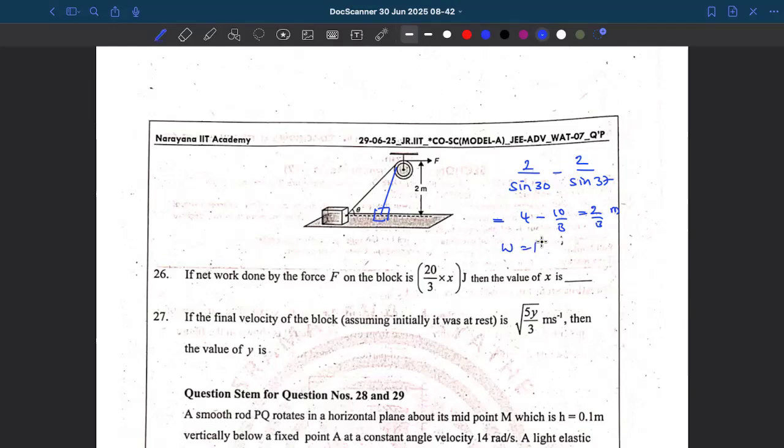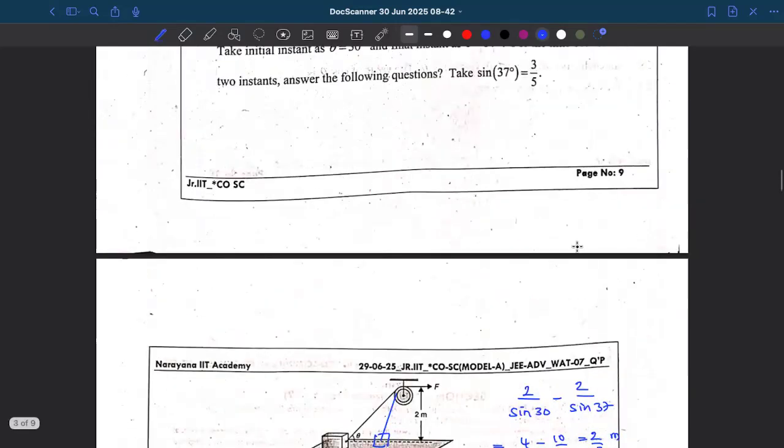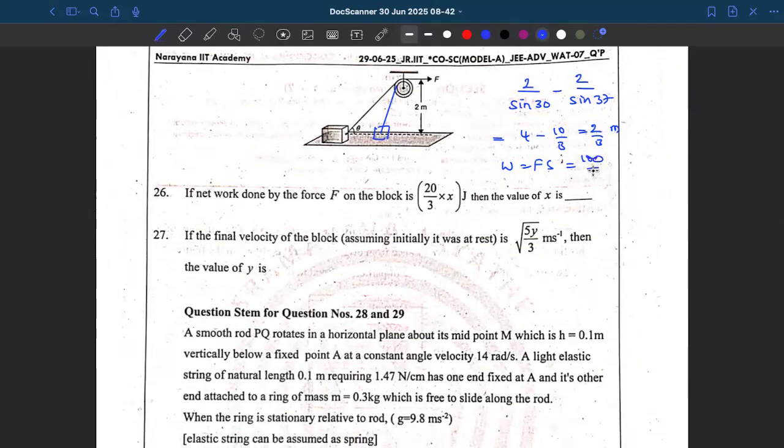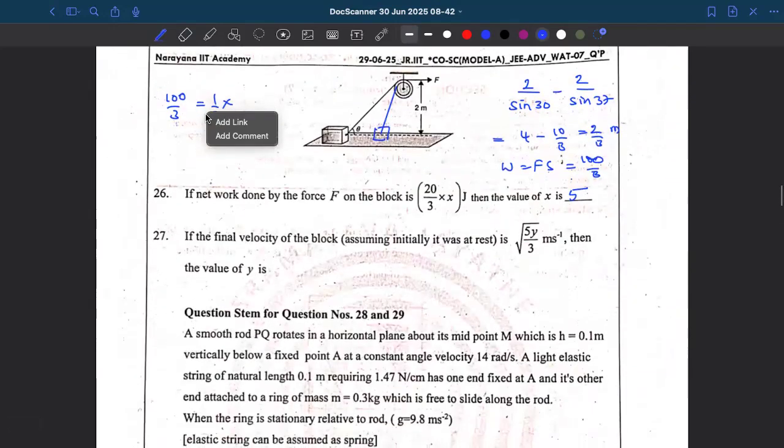So work is force into displacement. What is the force? 50 newtons, 100 by 3. Final velocity: work done is equal to change in kinetic energy. 100 by 3 is half into, by the way, what is the mass? 10 kg. 10 v squared, v is root 20 by 3 meters per second. 4 times. Y is equal to 4, right?